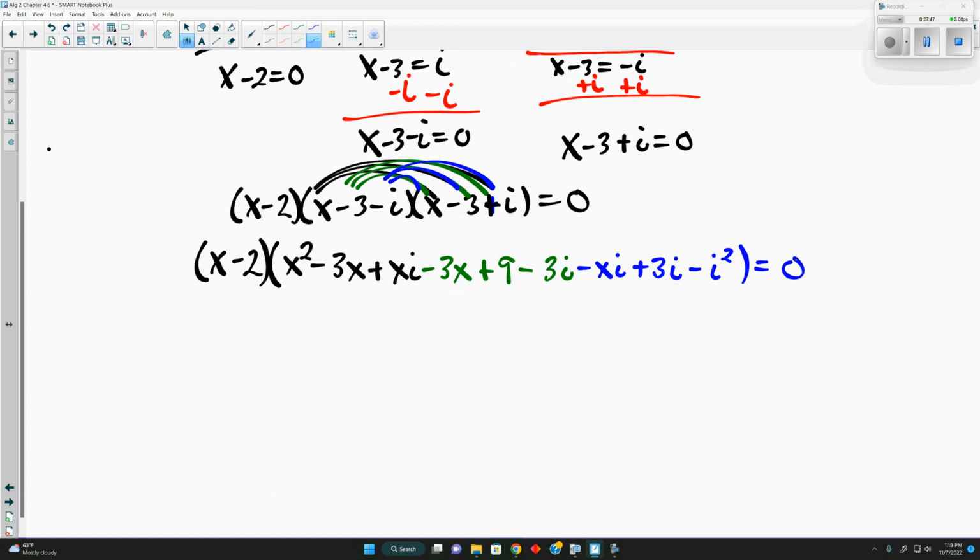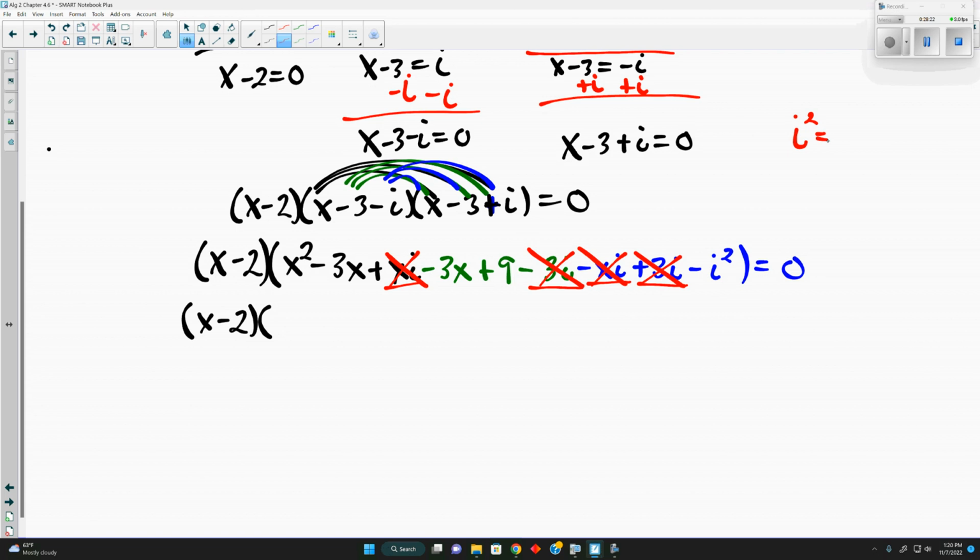Because when we multiply the conjugates, either irrational or complex, in the irrational case, all the radicals should cancel out. In the complex case, all the i terms should cancel out. So positive xi minus xi is indeed 0. Negative 3i plus 3i is 0. And the last one we have is negative i squared.